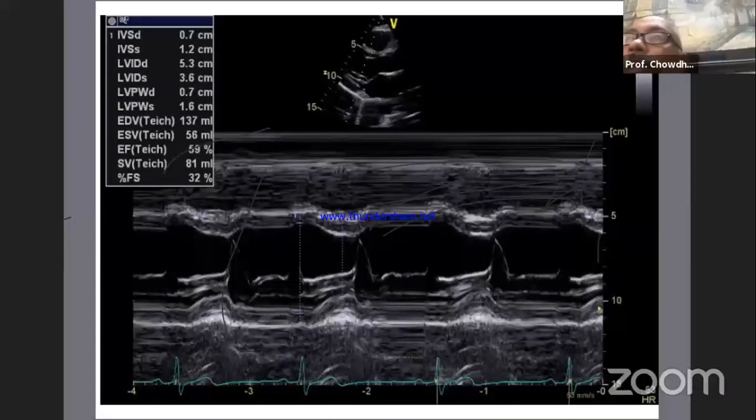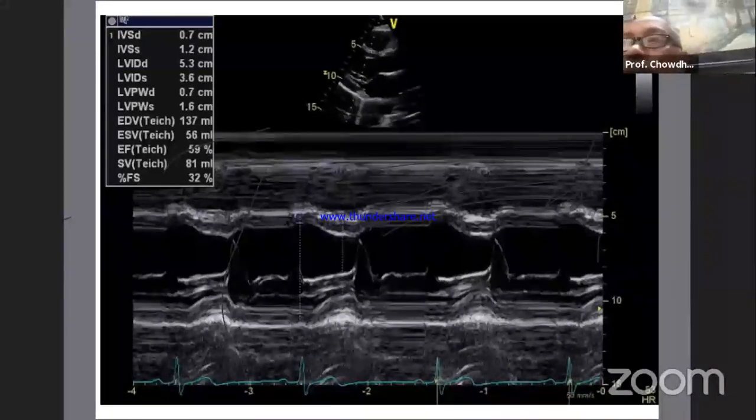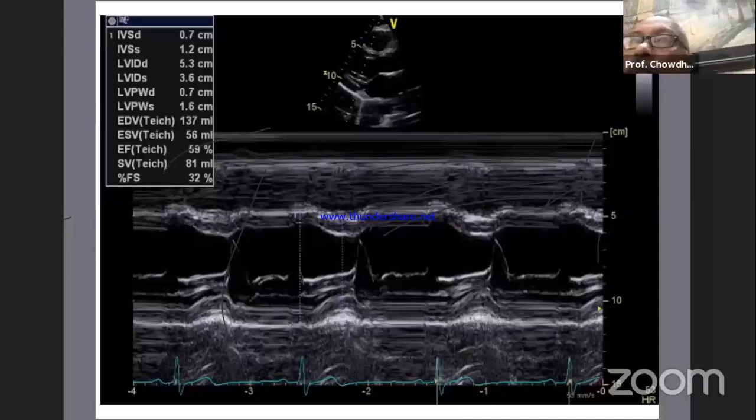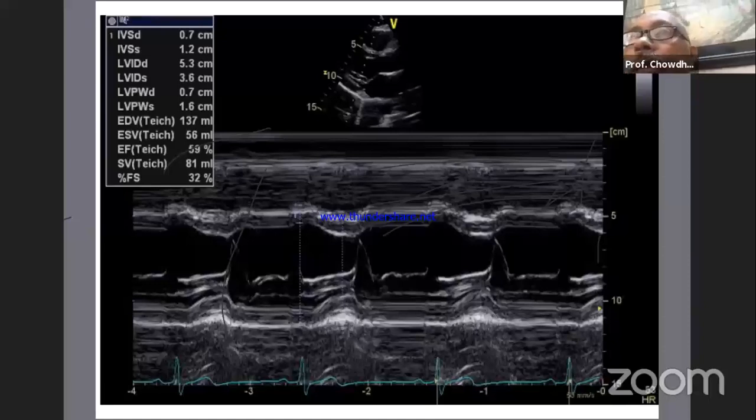So in this picture, it is always 2D guided M mode. We need to put the cursor in a place where we can barely see the chordae tendineae, and it should touch the tip of the anterior mitral leaflet.